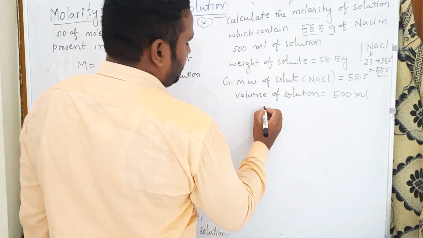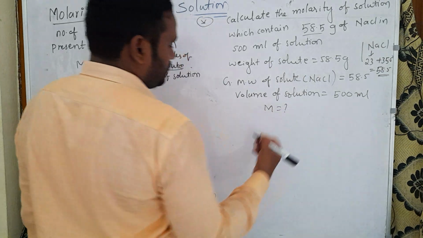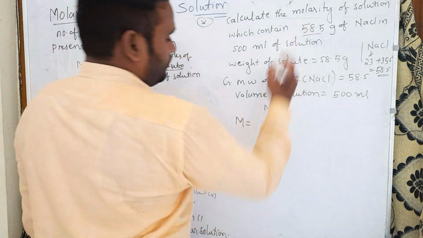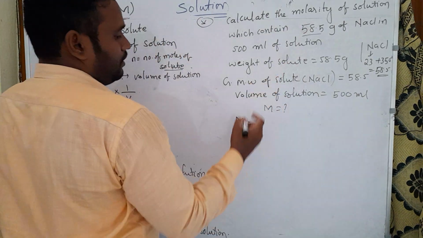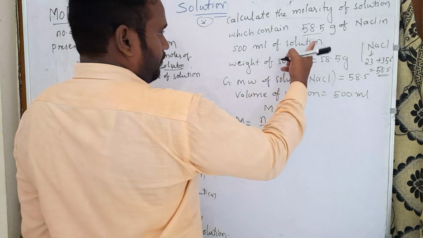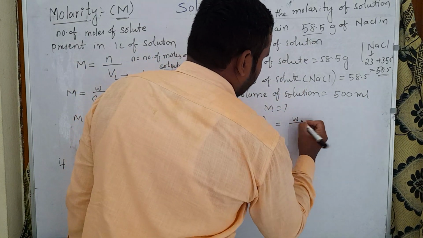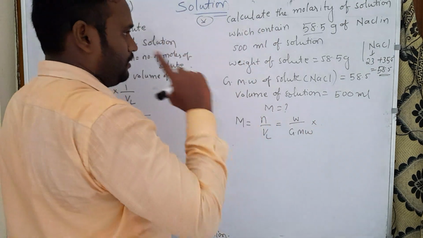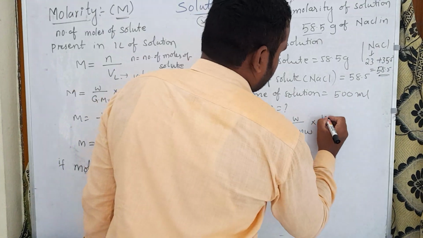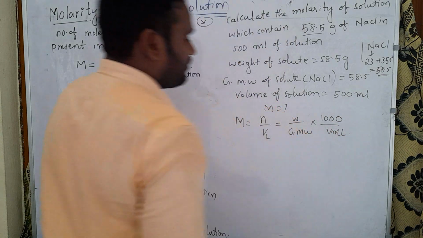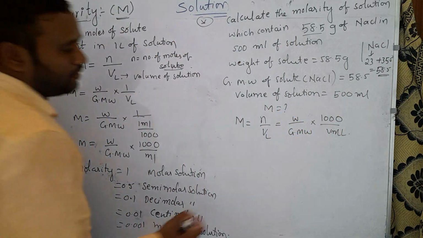Then what do they ask us to find out? Molarity. Molarity M is equal to N by VL actually, but they gave the weight. So when they give the weight, we change it to weight by gram molecular weight. The given volume is in ml, so that is 1000 by V ml. This is the formula we use to calculate the molarity.